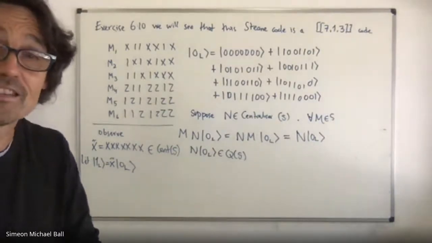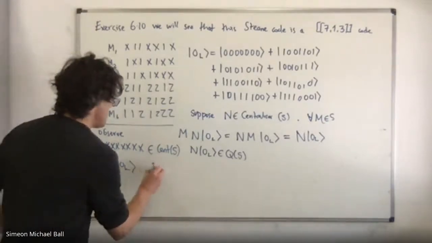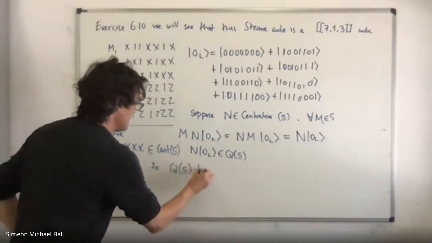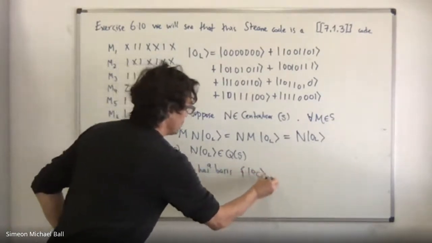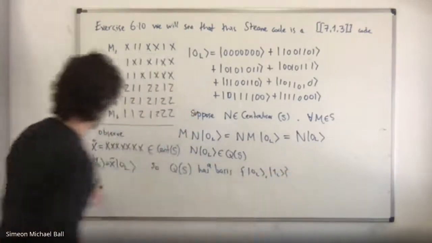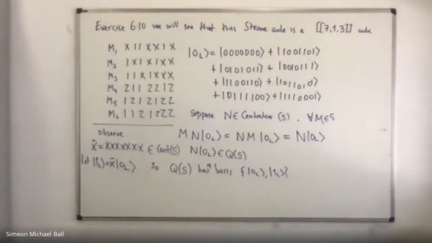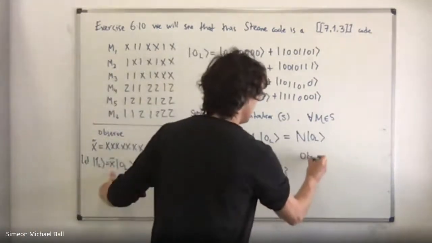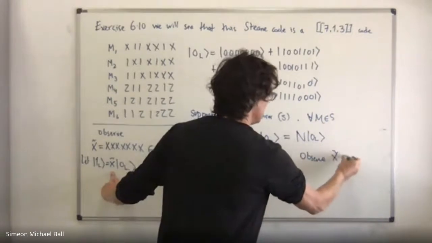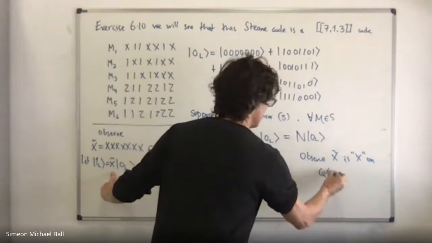So we found a basis for our QS. QS has a basis 0 logical, 1 logical. If I apply x to 0 logical, I get 1 logical, changing all the zeros and ones over there. But observe that x tilde is x on the logical qubit.